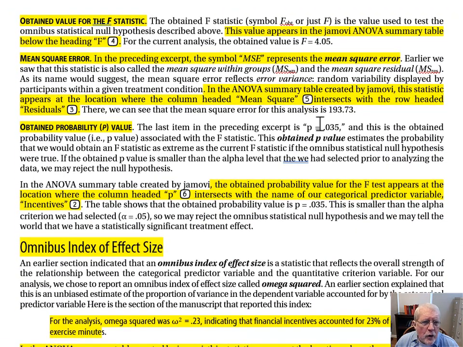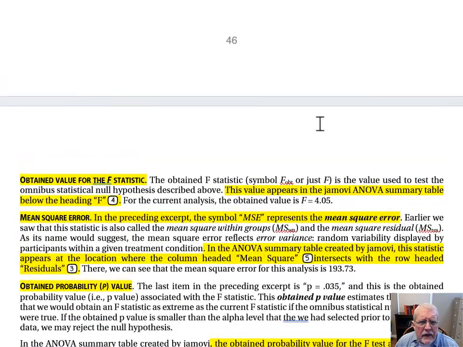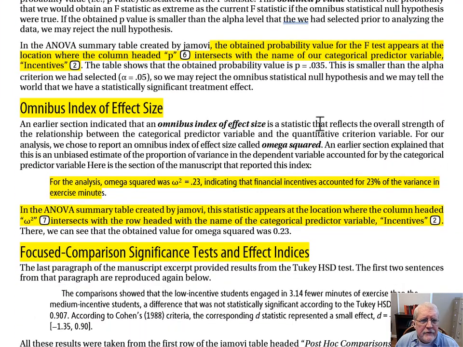Let's keep going. I'm still on page 47, halfway down page 47. It's time to think about the omnibus index of effect size. Knowing that you have statistically significant results is one thing, but you also want to know how big your treatment effect is.